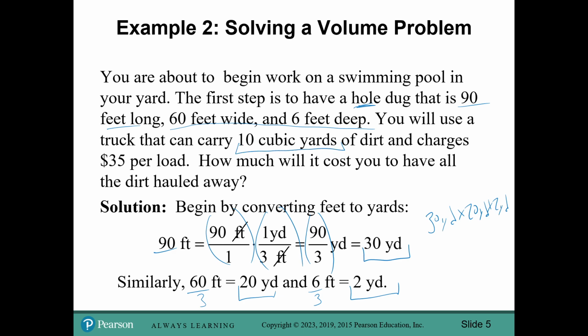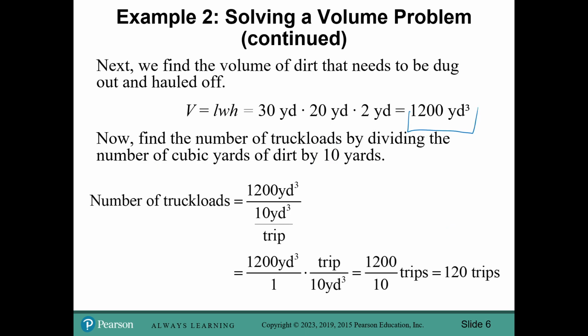So we need to figure out how many truckloads this is going to take because it's going to charge us $35 per load. We need to figure out how many times this truck is going to have to come to get rid of all this dirt. So we're going to divide this 1,200 yards cubed by the 10 yards cubed that it can take per trip.